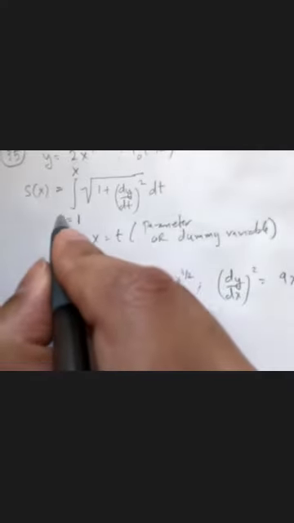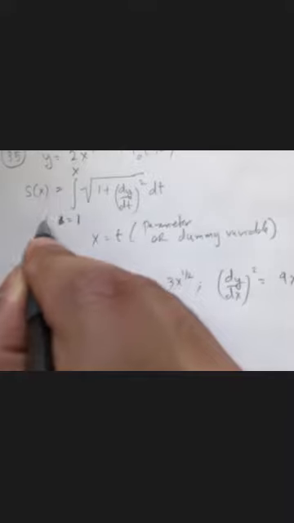So our arc length function, let me change it so instead of x it's t. So there's nothing to be confused here.